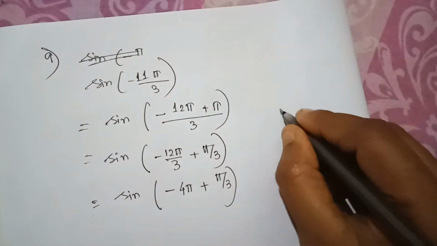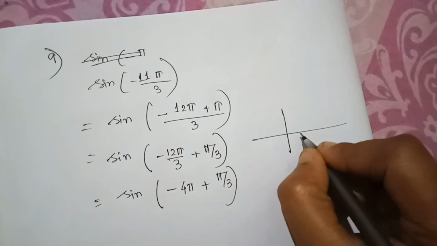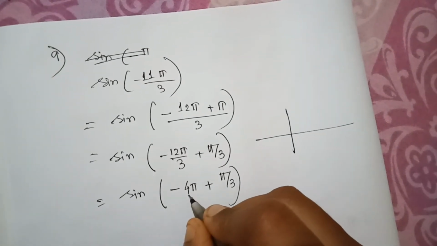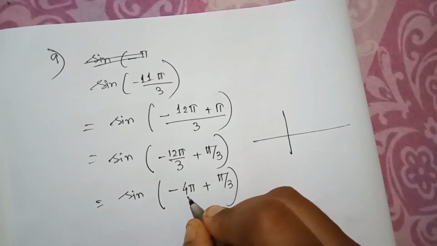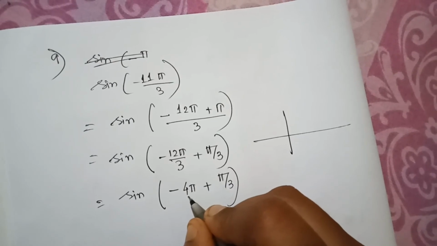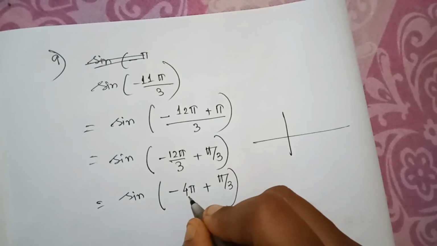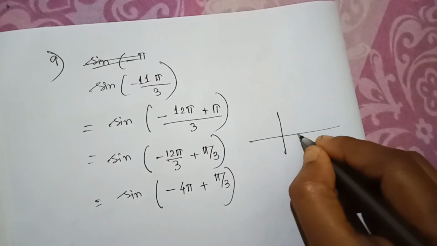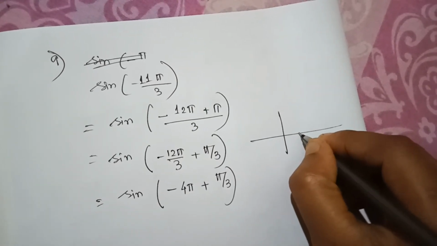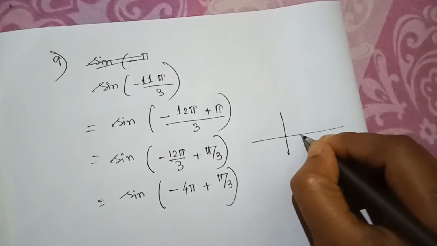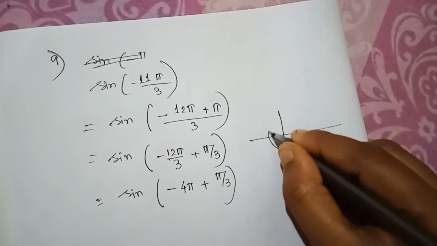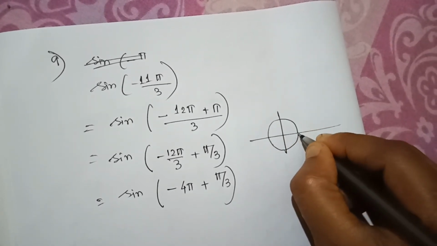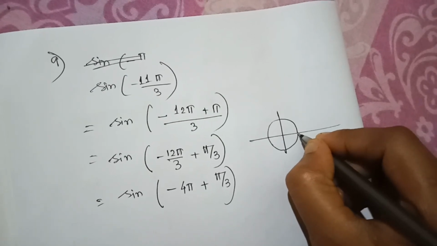Okay, now how will we count it out? Minus 4 pi, that means negative angle, so anti-clockwise or clockwise? Negative angle means clockwise. So we will start from 0, suppose here. If we go one round clockwise, we will complete 2 pi angle.